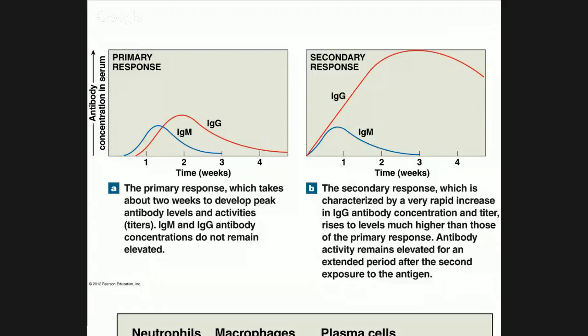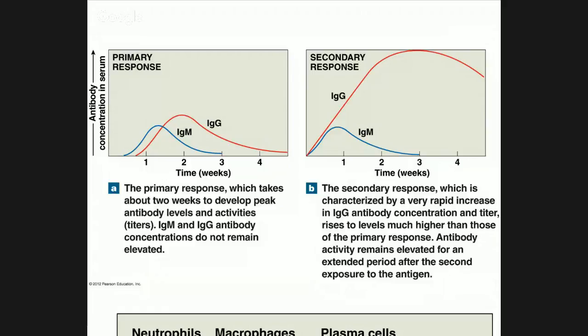The distance from 0 to 1, 1 to 2, 2 to 3, they're all equivalent, and that's 1 week, another week, another week, another week. On the y-axis, it's not represented here, but it is true, this is a logarithmic scale, which means that it's an exponential scale.